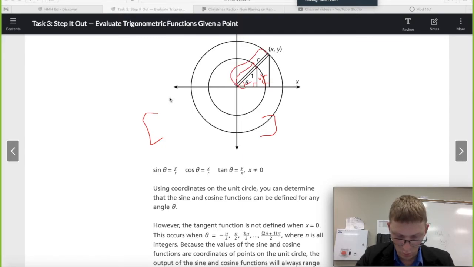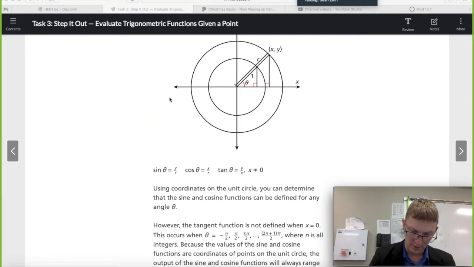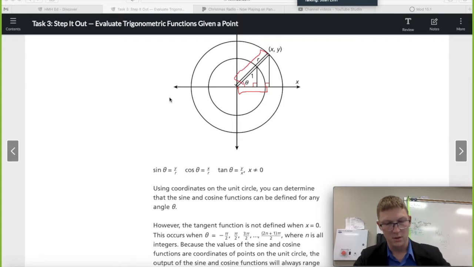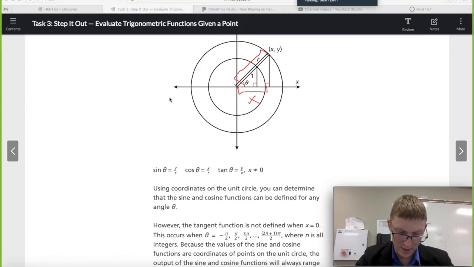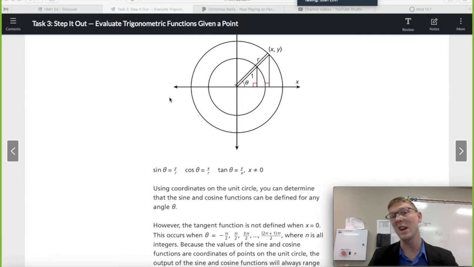So it's going to be y over r. Same thing with x, or sine, I'm sorry, cosine. Cosine is adjacent over hypotenuse. So our adjacent is equal to our x value, and then our hypotenuse is r. We're using r for the radius of a different circle.